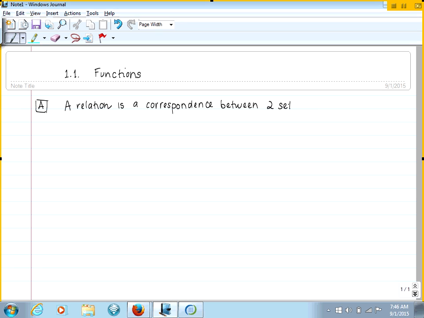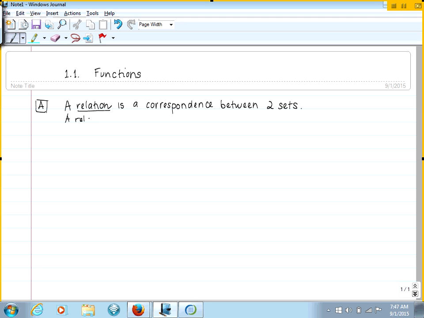It doesn't have to be a mathematical relation. It can be the number, the capital cities, or the price of something, but it does not have to be a mathematical relation.